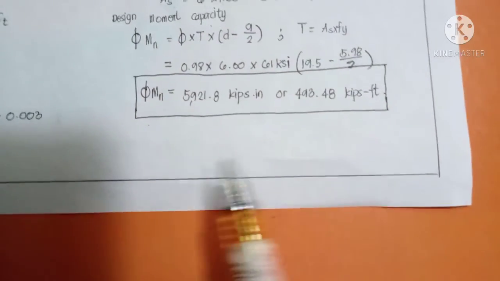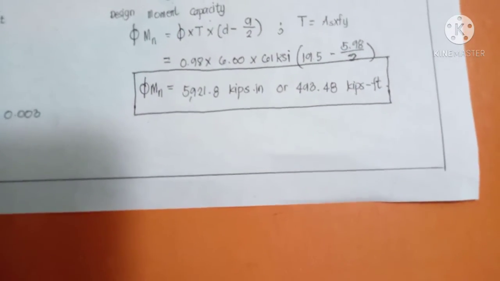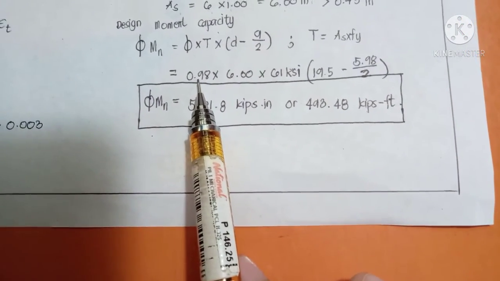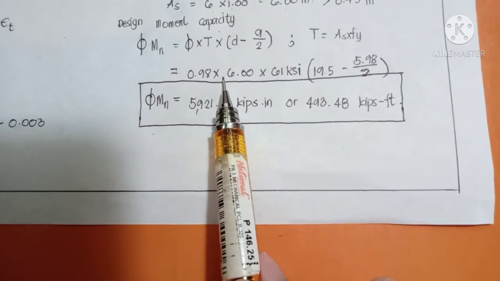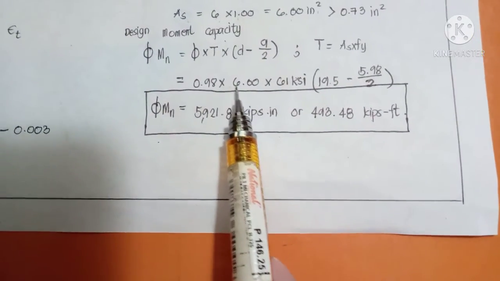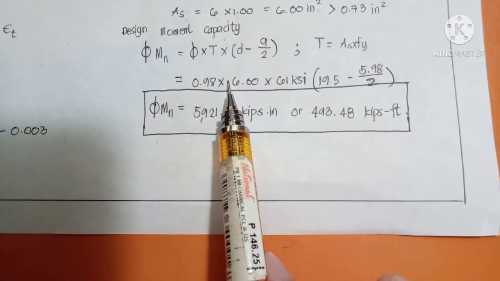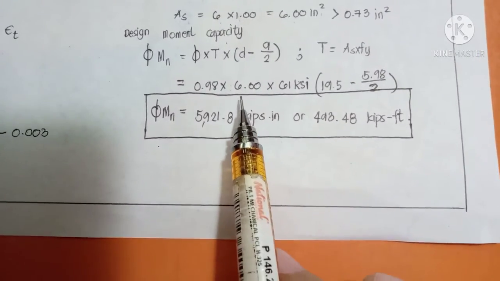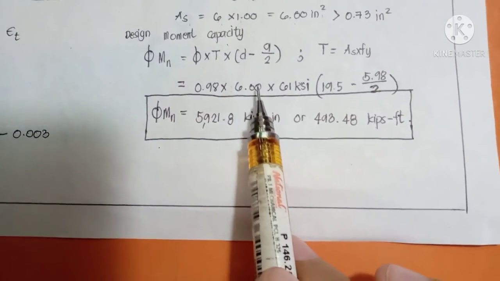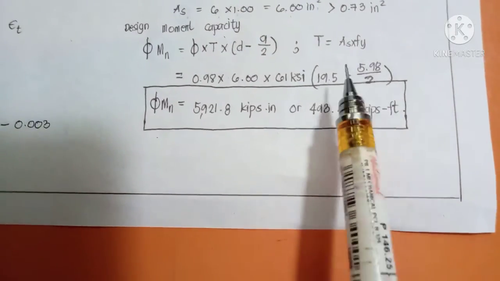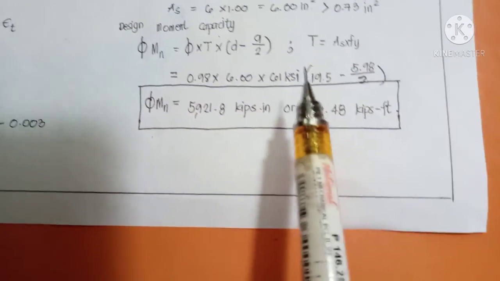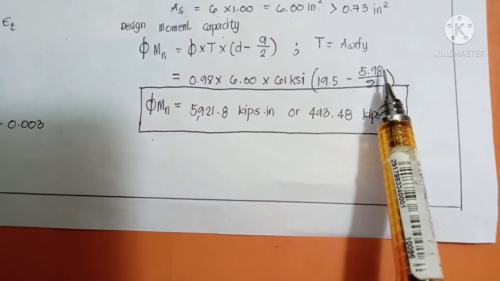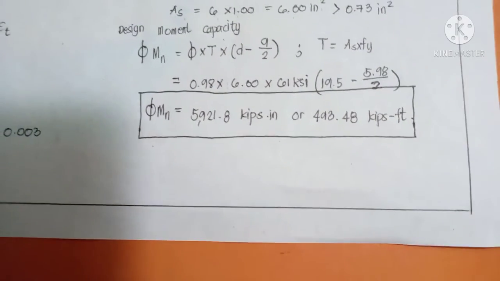Substituting the values as we previously calculated, phi is 0.98 multiplied by the tension, which is the area of steel multiplied by Fy, which is 6.00 times 61 ksi, then multiplied again by d, which is 19.5 minus 5.98 divided by 2.